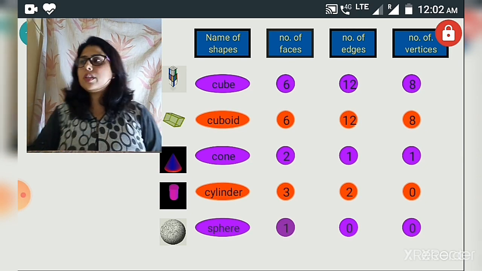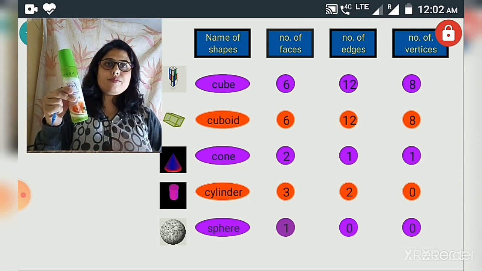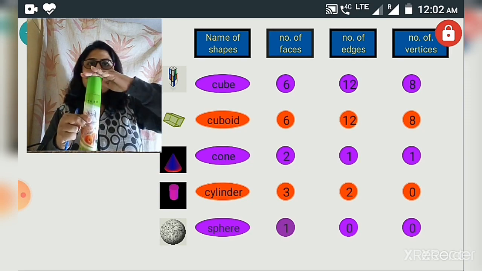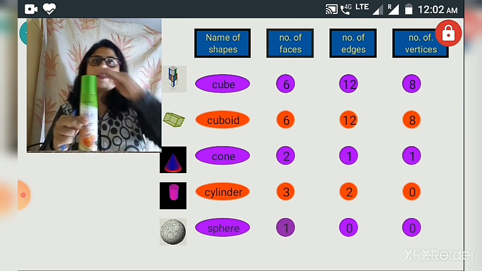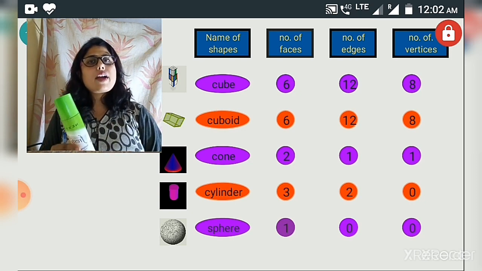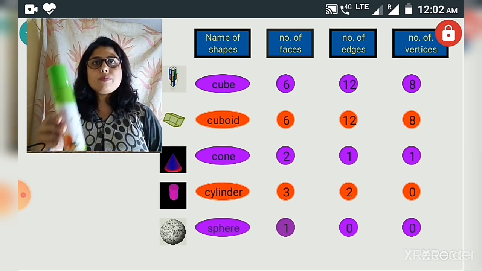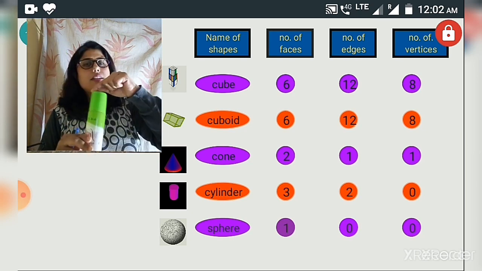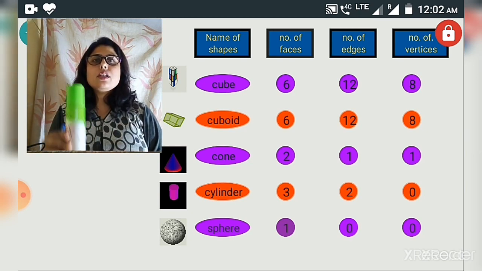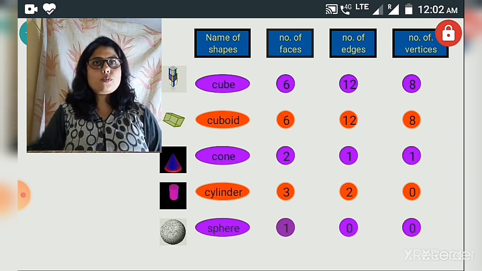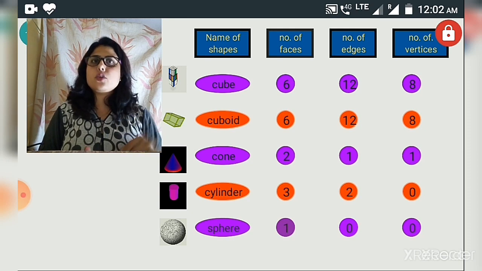Cylinder, I told you, has 3 faces: one curved face and 2 flat surfaces. This is a flat surface, this is a flat surface, and this is the curved surface. So 3 faces are found in the cylinder, 2 edges, one curved edge at the bottom and another curved edge at the top, but no vertices, that's why it is written here 0. Cylinder has 0 vertices.